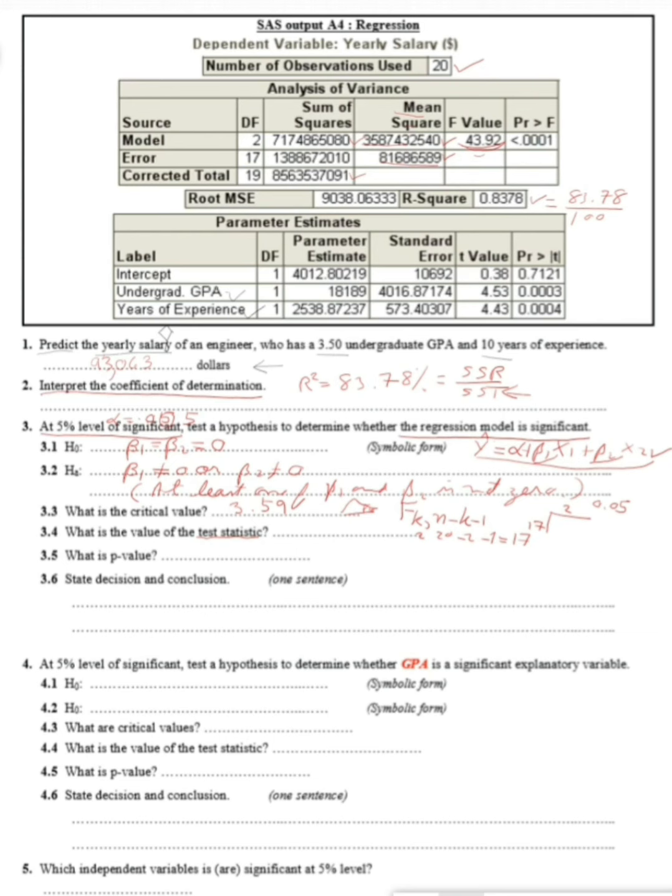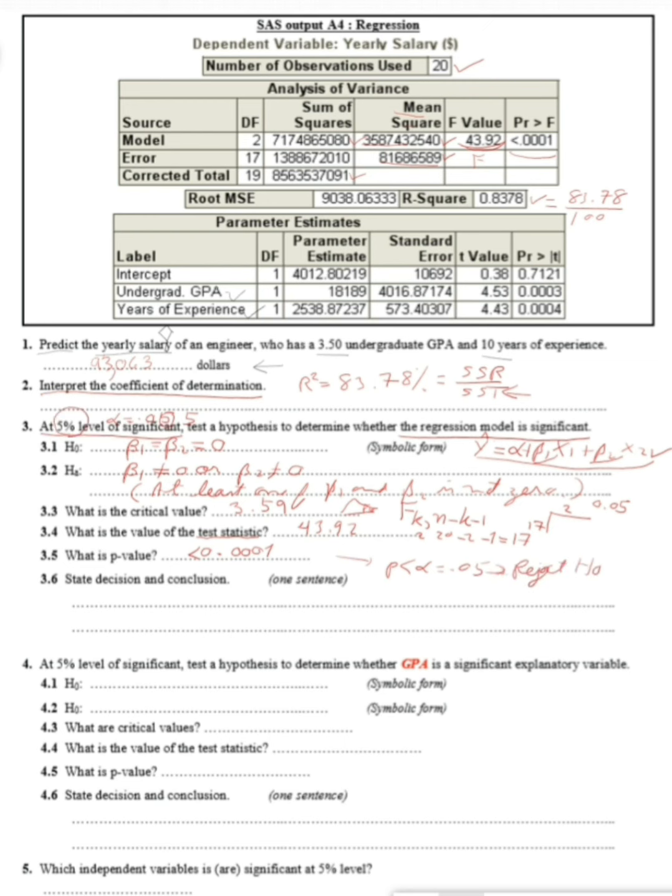Its p-value is smaller than 0.0001. So p-value is smaller than alpha 0.05. Therefore, reject H0.